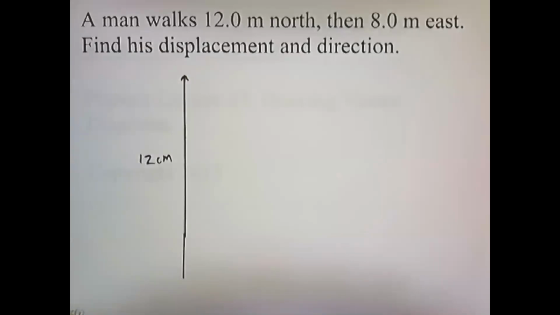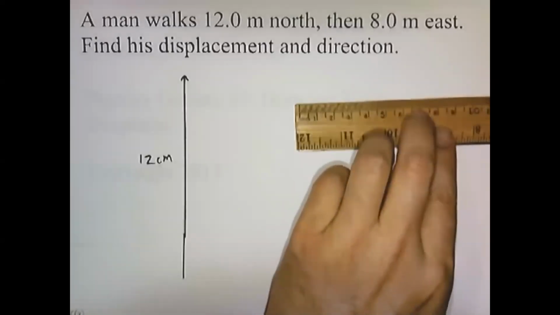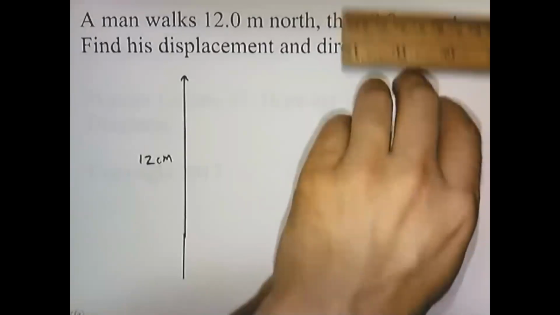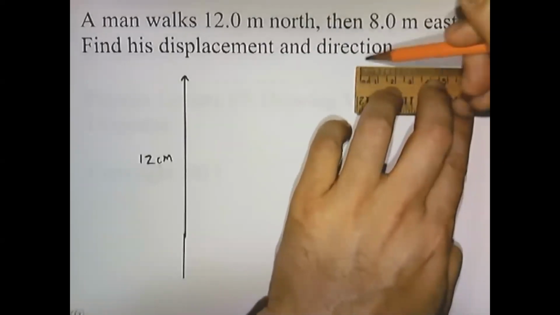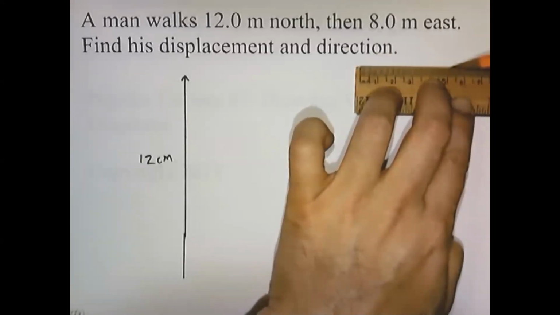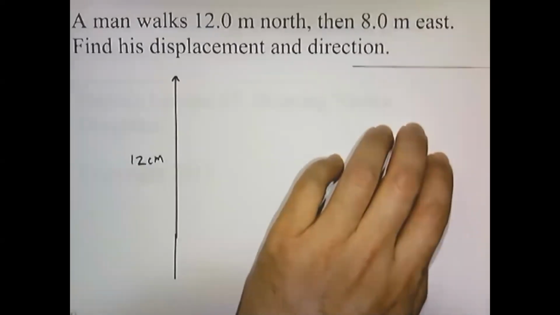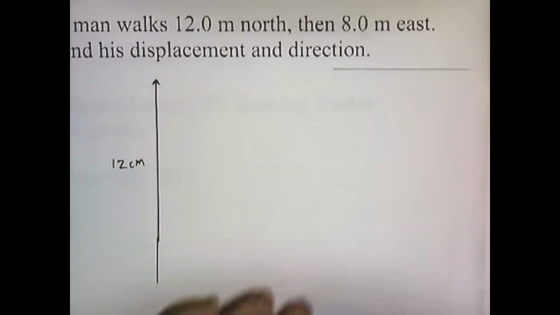Now the second vector is 8 meters east, so that means that the second vector kind of looks like this.